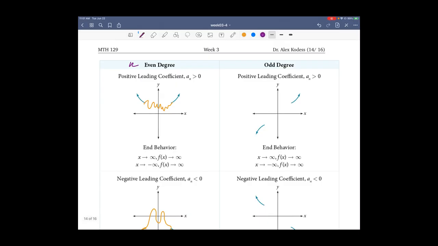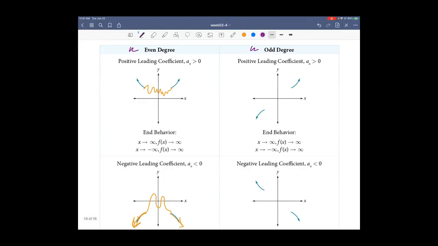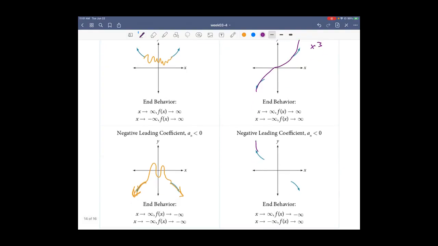When the degree of the polynomial is odd, the polynomial behaves like the cubic parabola, either the positive cubic parabola or the negative cubic parabola.